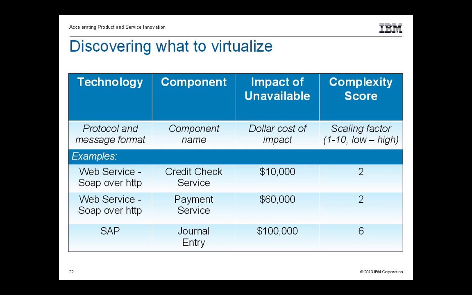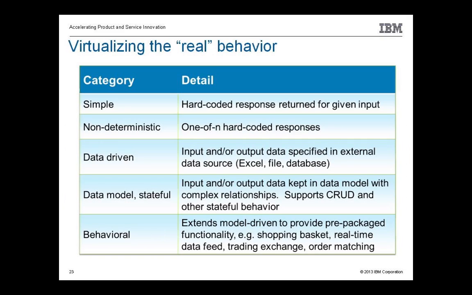Now, once you start to determine these components that you feel you will get tremendous value out of virtualizing, to address some of the testing bottlenecks or the financial costs of the business, you've got to look at what type of virtual component you are going to build, and what type of virtual component you need to virtualize that real behavior. So, there's a number of different categories of virtual services available.